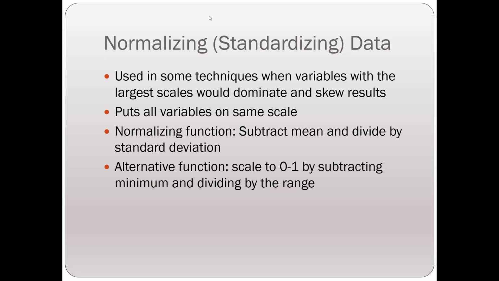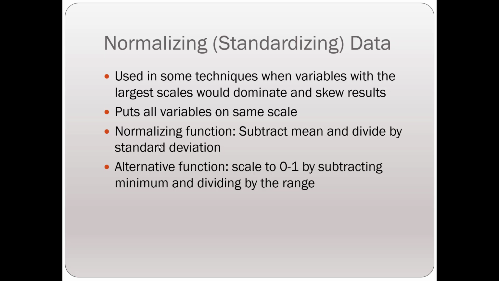So x minus x bar divided by the standard deviation. That's a z-score. That would convert all the values into a range approximately from -3 to +3. All variables will have values in that range, so there is no scale disparity.